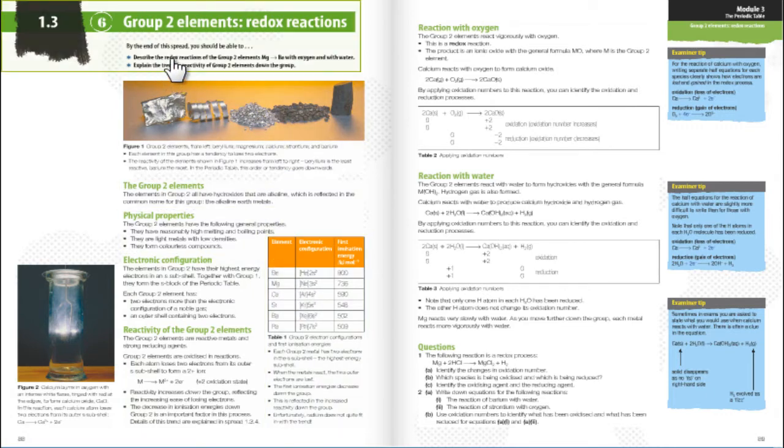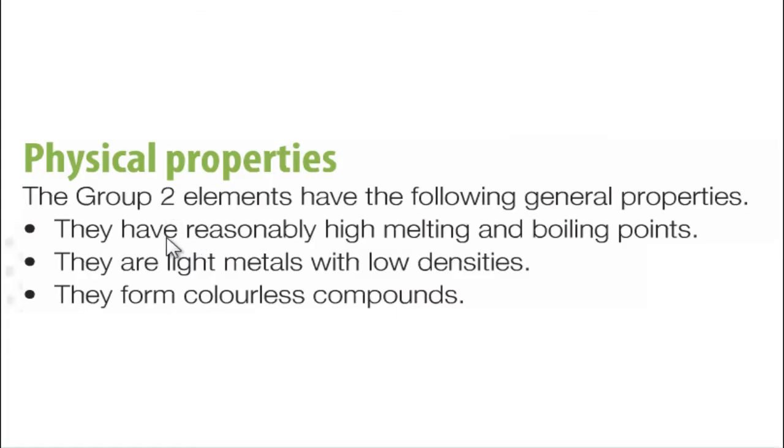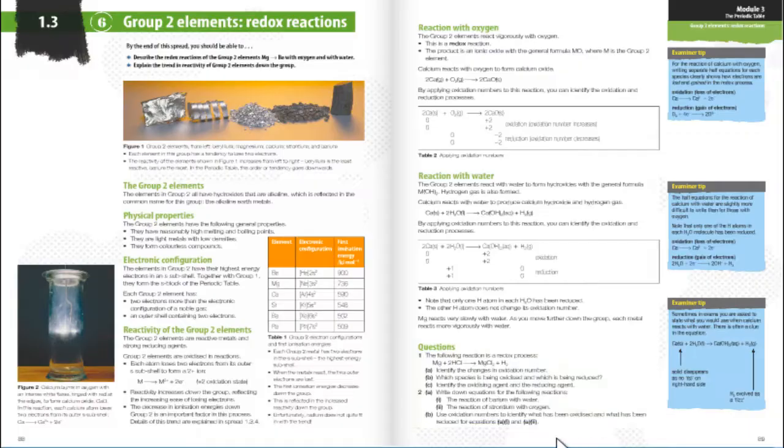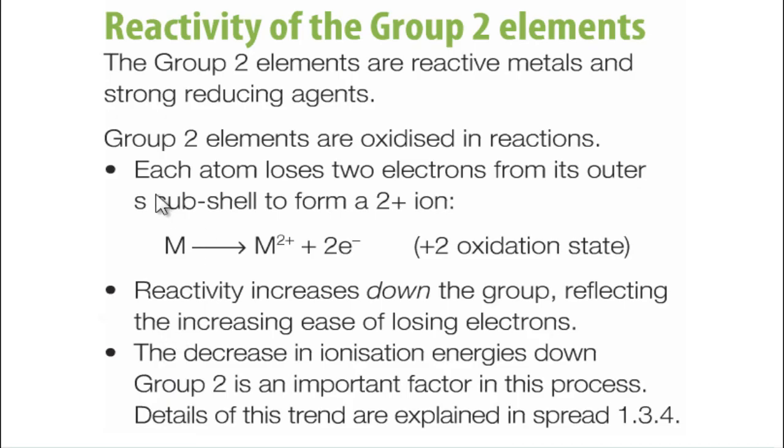So we're looking now at the group 2 elements and how they have redox reactions. The physical properties of them is that they have reasonably high melting and boiling points, and they are light metals with low densities, and they form colourless compounds. So they basically react in this way. Group 2 elements are oxidizing reactions.